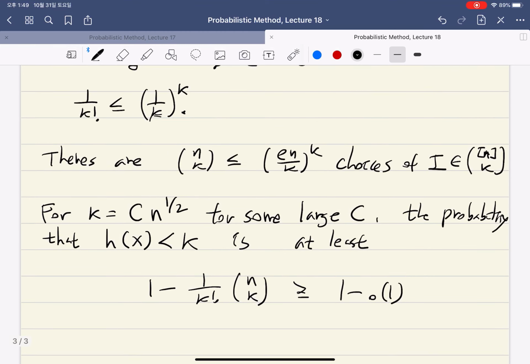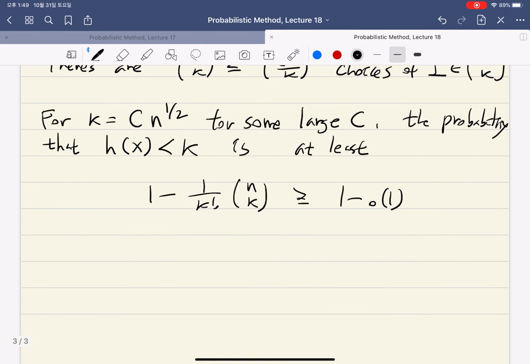Using these two, we can lower bound this. If C is large enough, this is at least 1 minus 3 log 1. So with high probability we have this. This little o tends to 0 as C gets larger.